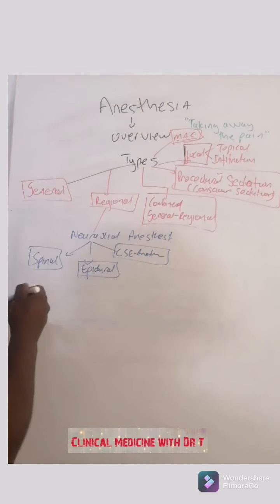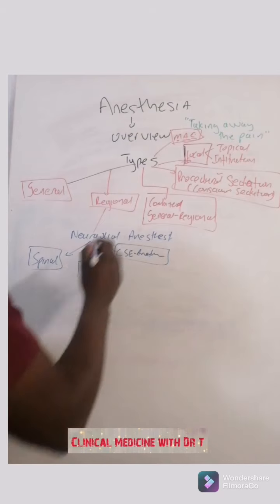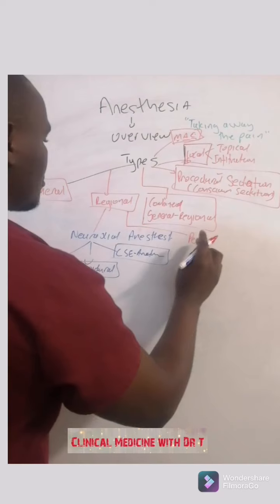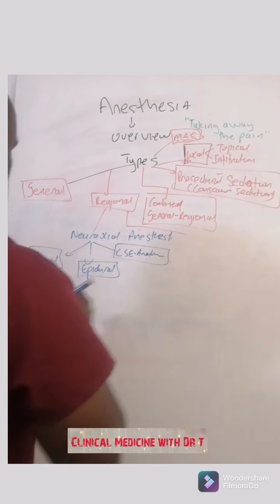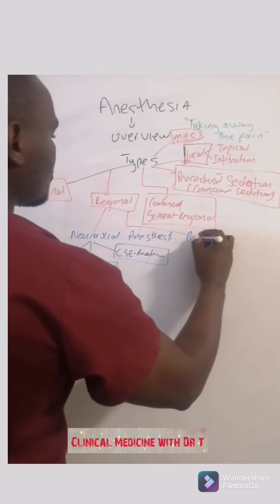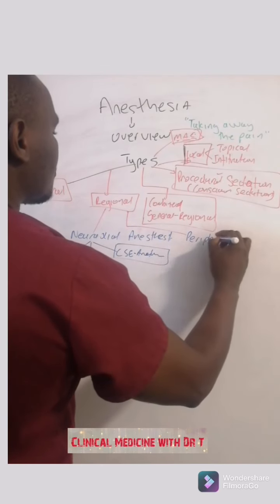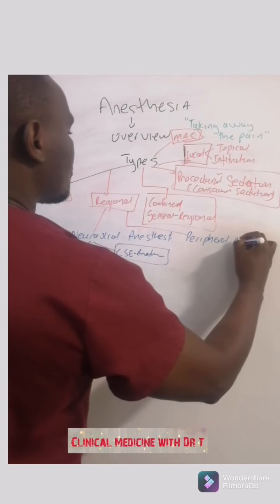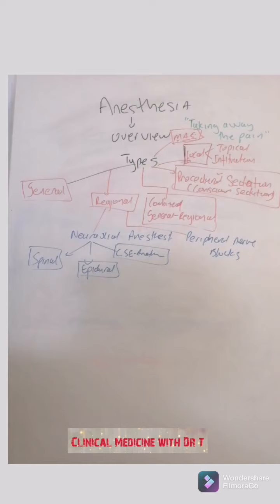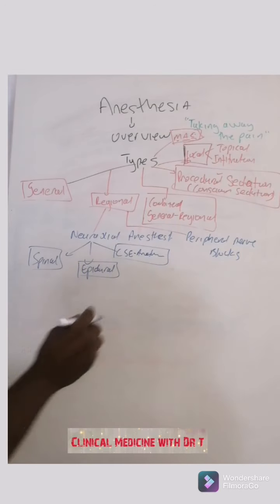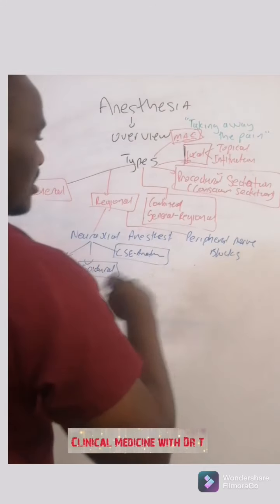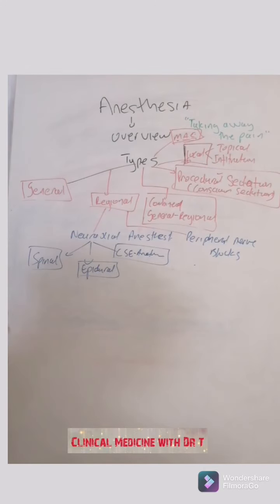The other one that we have under here is your peripheral nerve blocks. With peripheral nerve blocks, any group of nerves can be targeted.